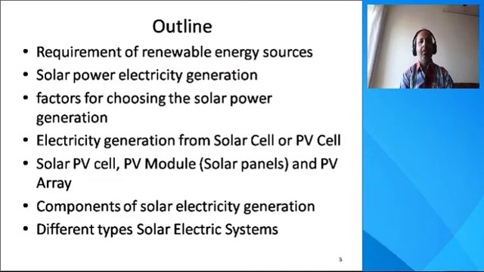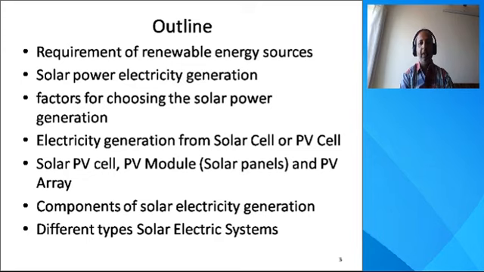First of all, we will discuss about the requirement of renewable energy sources, then solar power electricity generation, then we will discuss about factors for choosing the solar power generation, then electricity generation from solar cell or the PV cells, then we will discuss about solar PV cell, PV module or panels and PV arrays.